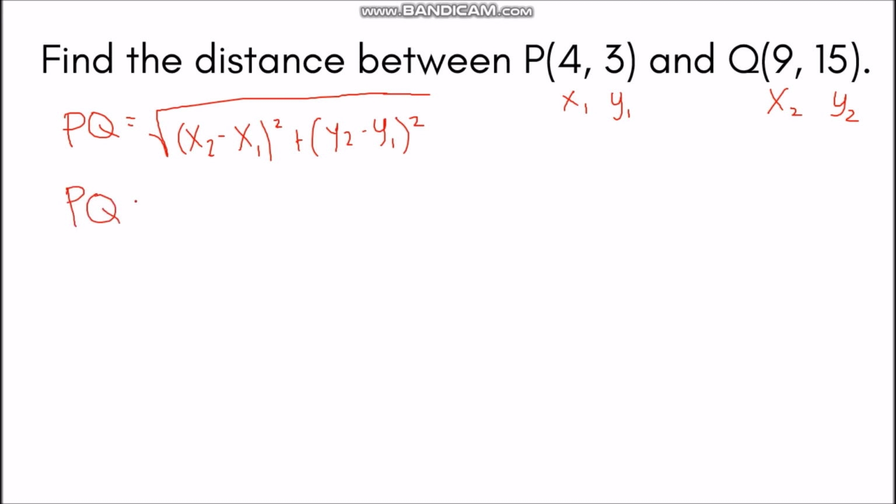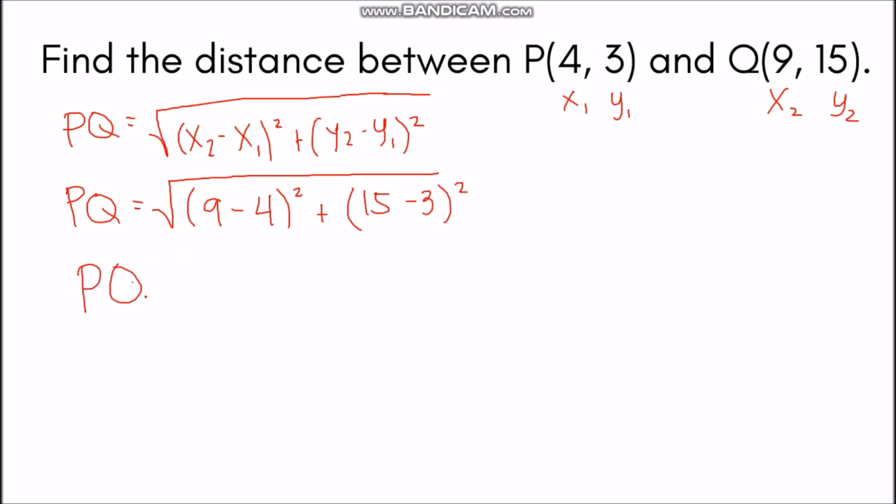So you have PQ equals the square root of, then subtract x sub 2 and x sub 1. So that is 9 minus 4 squared plus 15 minus 3 squared. Then just simplify this. So square root of, then 9 minus 4 is 5, squared, plus we have here 12 squared.